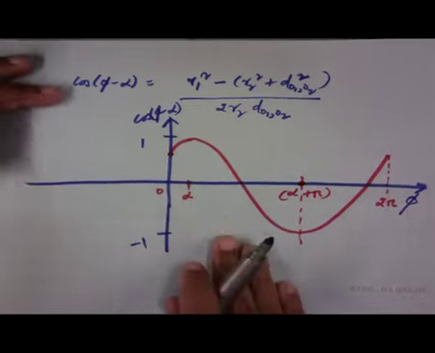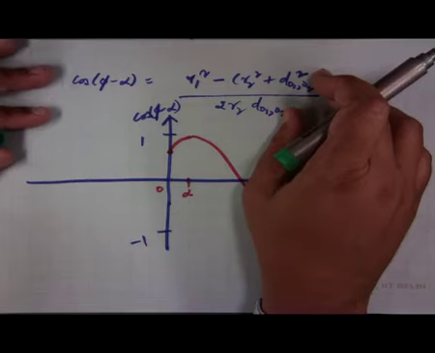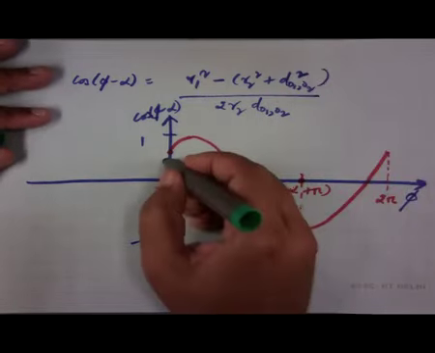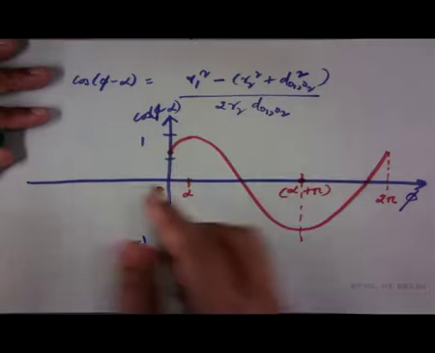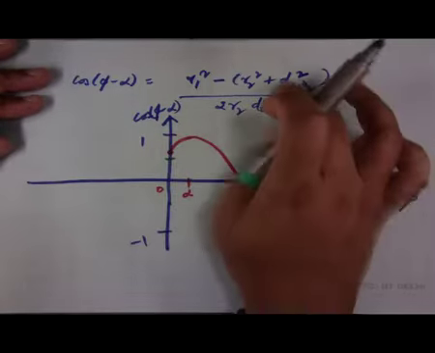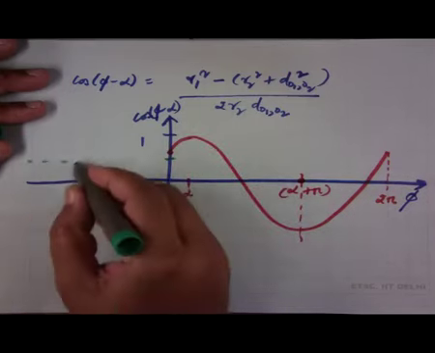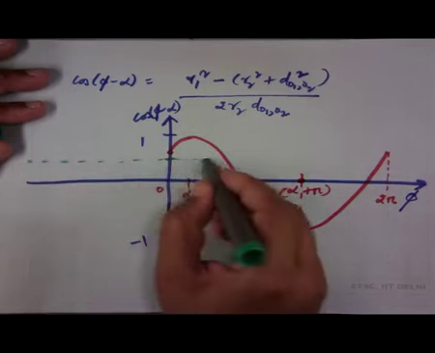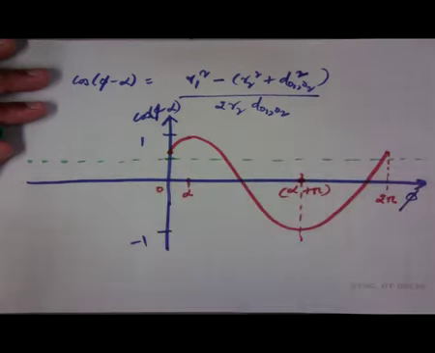Suppose this value is, let us say, equal to half. So, half is somewhere here because this is 1. Corresponding to this value, we will draw a dotted line which is parallel to the x axis and is displaced from the x axis by half.